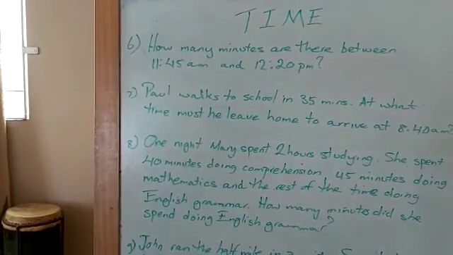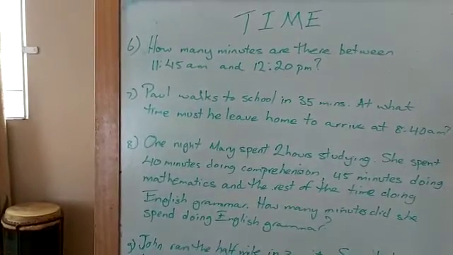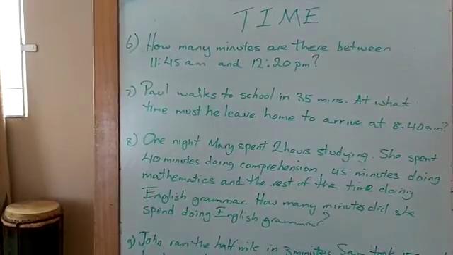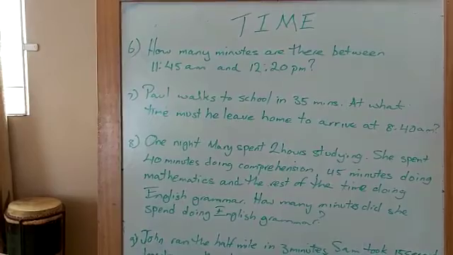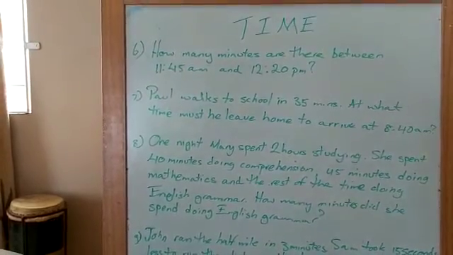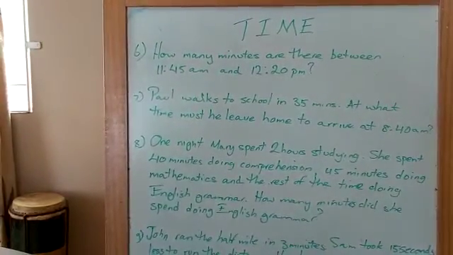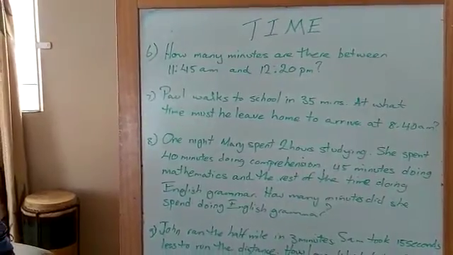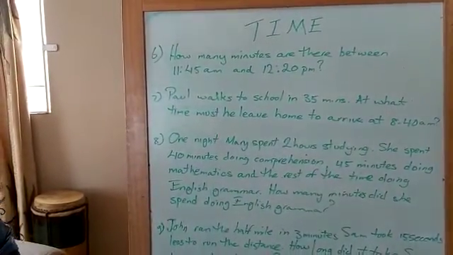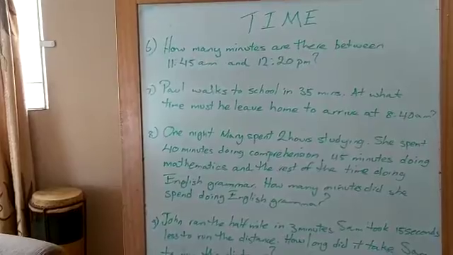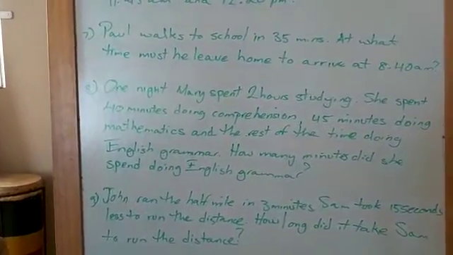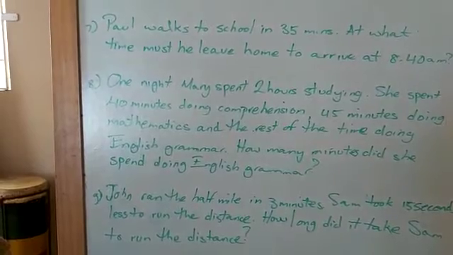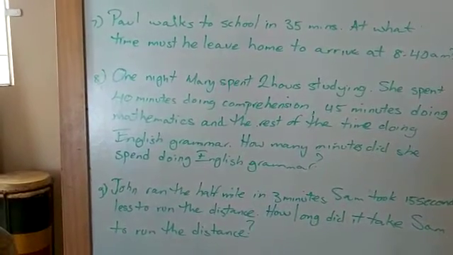Number 7. Paul walks to school in 35 minutes. What time must he leave home to arrive at 8:40 a.m.? This is arrive at school at 8:40 a.m. Number 8. One night, Mary spent 2 hours studying. She spent 40 minutes doing comprehension, 45 minutes doing mathematics, and the rest of the time doing English grammar.